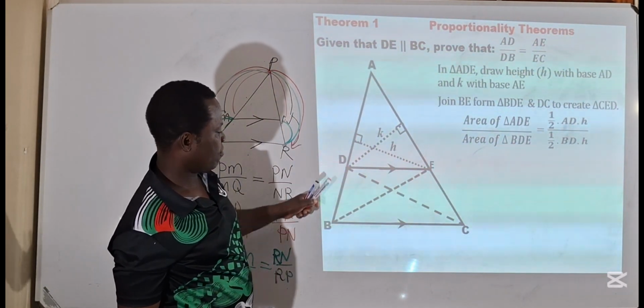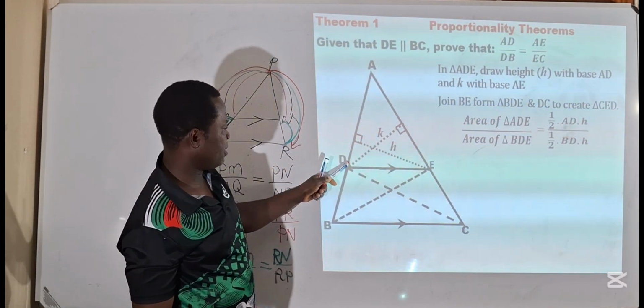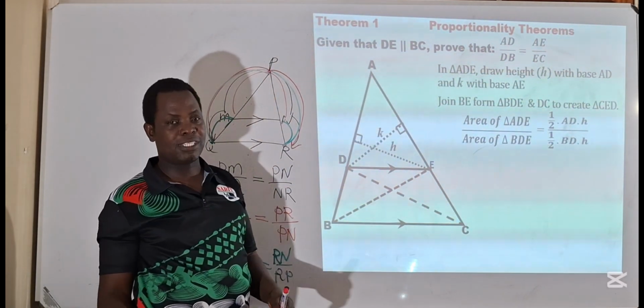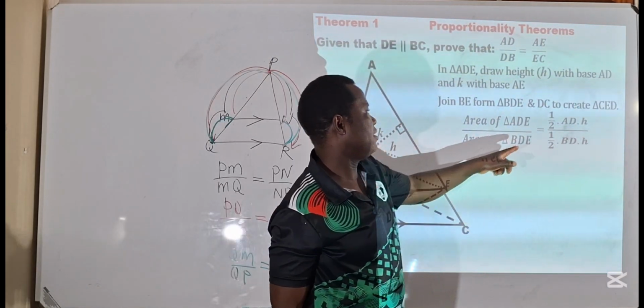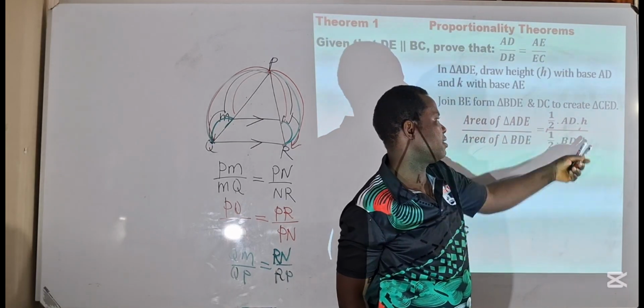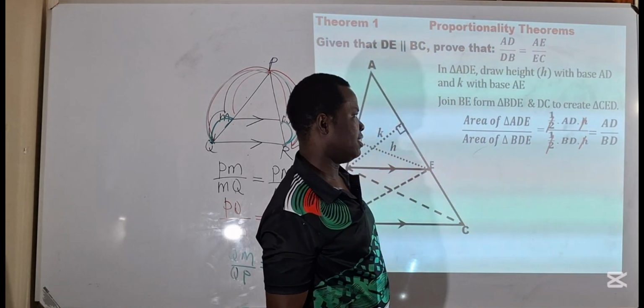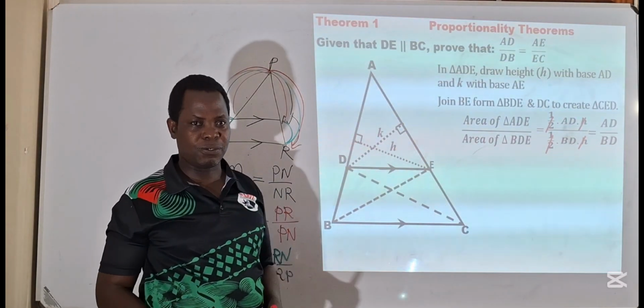So the area of BDE is going to be half times BD times H, which is the height of the triangle. Then we simplify. Half divided by half and H divided by H will give us a fraction there, which is AD divided by BD. That is the first calculation you do.